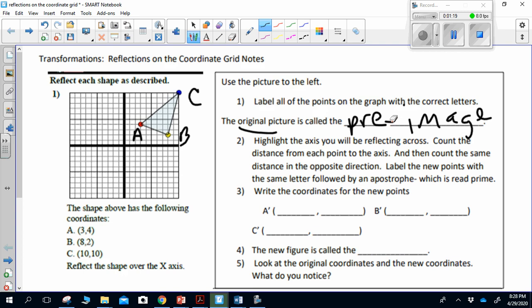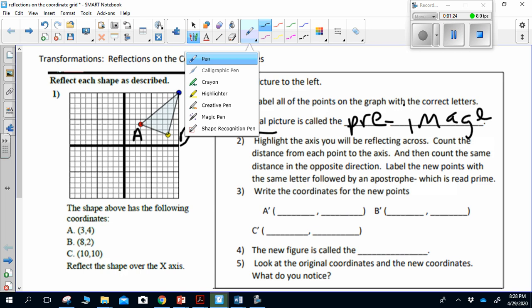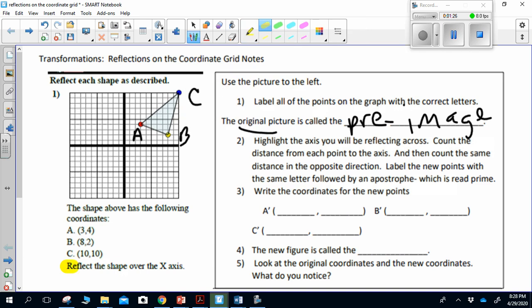So when we read through the problem, down here at the bottom, it says we're going to reflect the shape over the x-axis, and the x-axis goes across. So I'm going to highlight that line right there. I'm doing that because it's going to help me remember that my shape is going to be flipping over top of that.